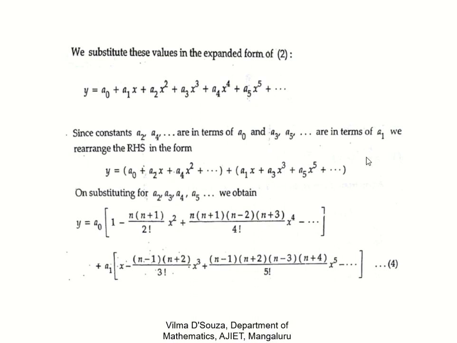Next, from the second set of terms, I have taken out a1. So a1 into x minus, what is a3? a3 is minus (n minus 1) into (n plus 2) by 3 factorial into a1 I have taken out, into x cube. Similarly, substitute for a5.